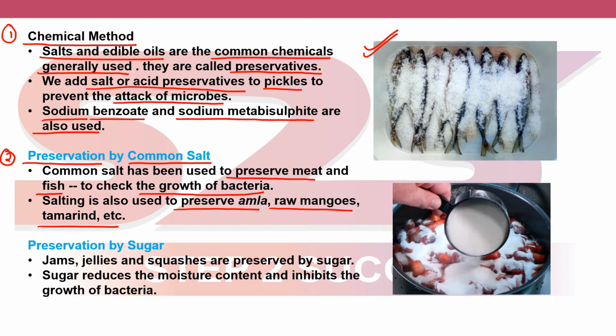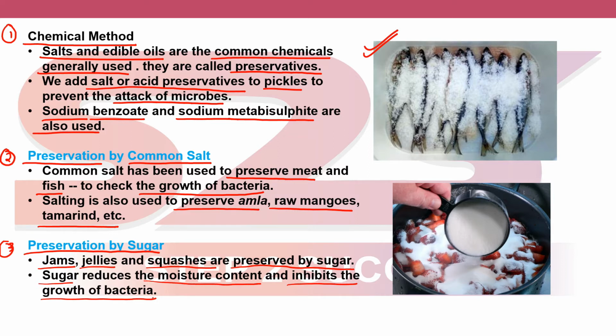We have preservation by sugar also. This is the third. Jellies, jams, squashes are preserved by sugar. Sugar reduces the moisture content and inhibits the growth of bacteria. So it reduces the moisture content, which inhibits the growth of bacteria which spoil the food.